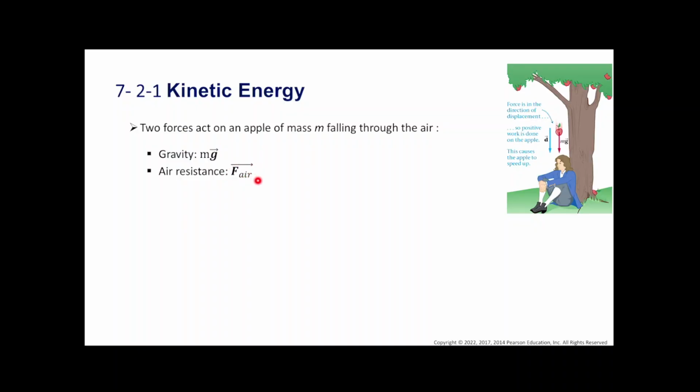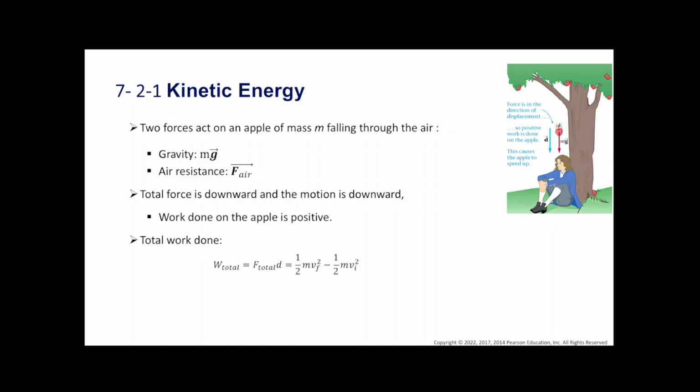Now the total force is downward and the motion is downward because the apple is falling through the air, and therefore the work done on the apple should be positive. After some algebraic manipulations of the equation of motion, we can find the total work done on the apple.